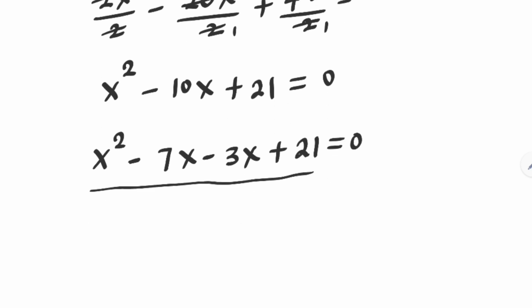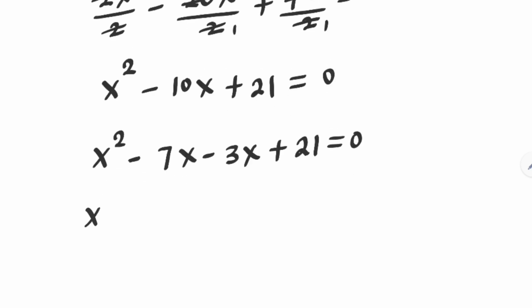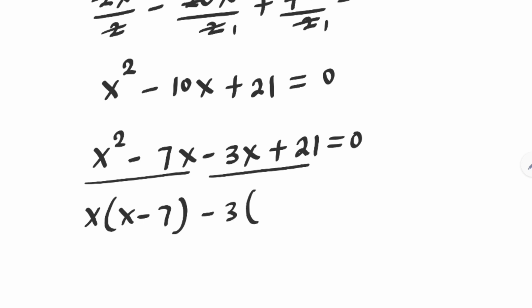And this can be written as x bracket x minus 7 for this. Then for this, we have minus 3 bracket x minus 7 is equal to 0.